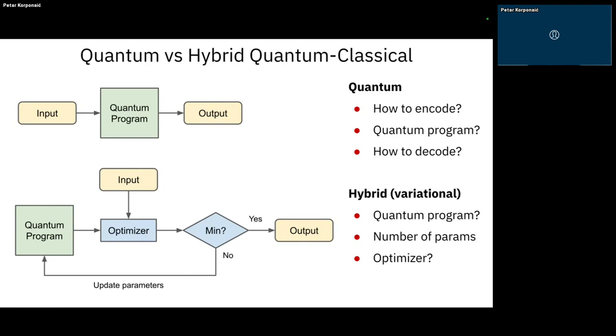Everybody knows the traveling salesman problem, or maybe not everybody, but let's say you have a list of cities, and you need to visit every city only once and come back to the starting city, and the question is in which order to visit the cities so that the distance is as short as possible.